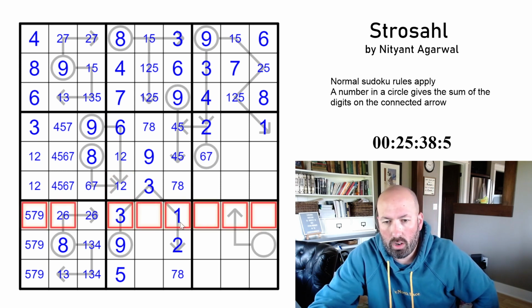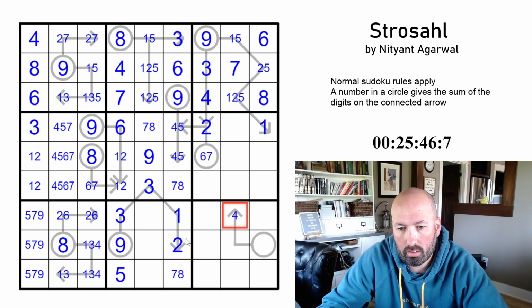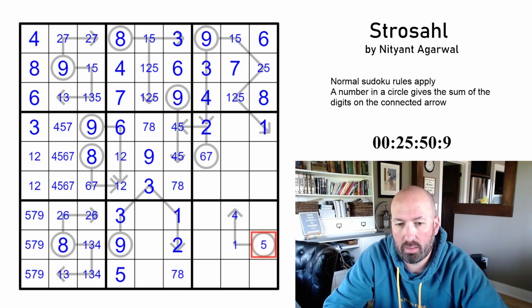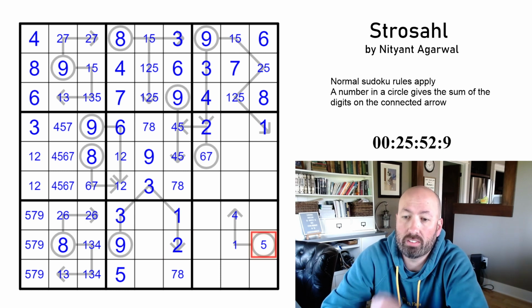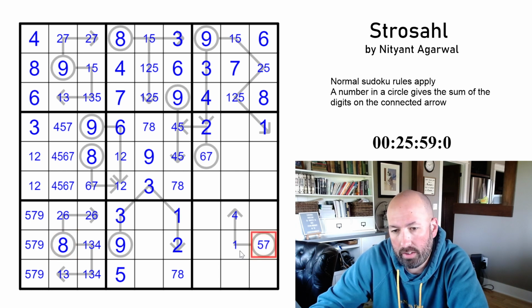I guess in this row we've got 1, 2, 3, and 6 already. So this could be minimum of 4. This could be as small as 1 though. So this is a minimum of 5. Can't be 6. Could be 7. We've got the 6 and the 8 up here, and the 8, 9 here. So this is 5 or 7. So 4, 1 could be 5.